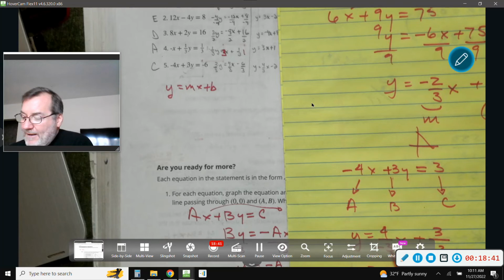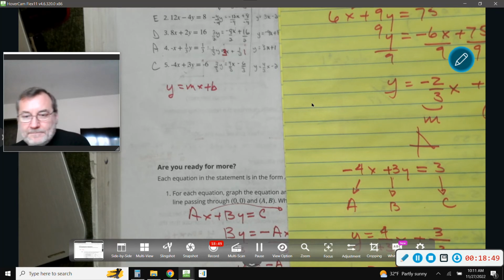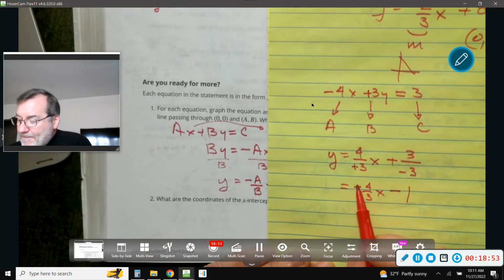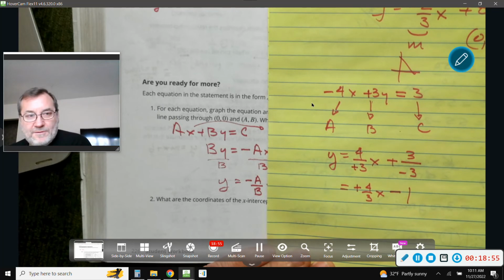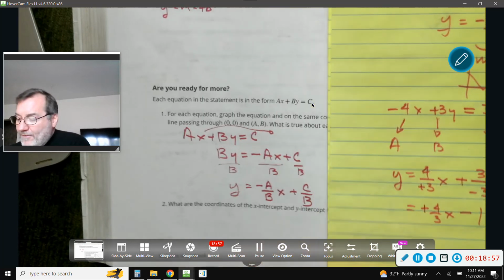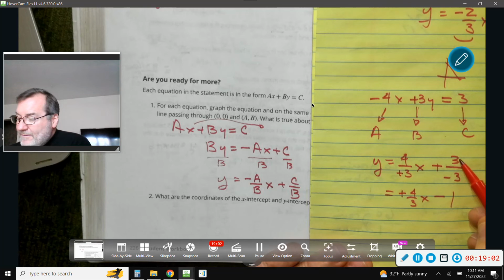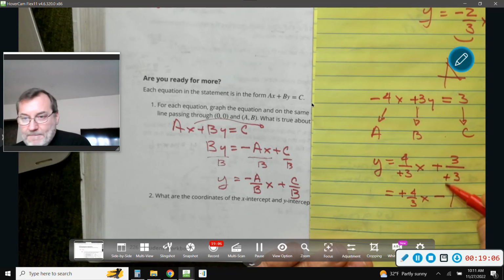A negative a, all right, so minus a would be a plus 4. I'm dividing it by b, which is a plus 3. All right, and that makes that plus 4/3. And then if I go to the next one, c divided by b, there's the c, which is a 3, divided by b, which is a plus 3. 3 divided by 3 is 1.